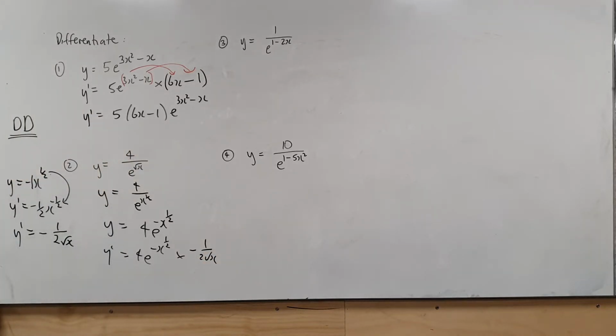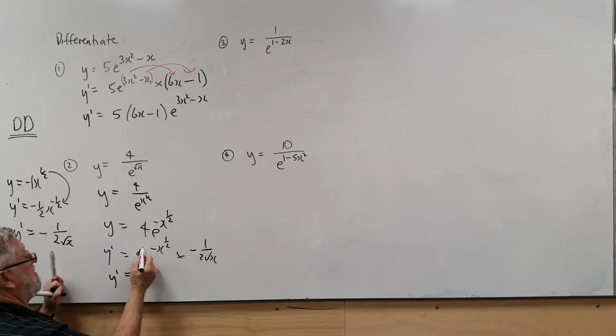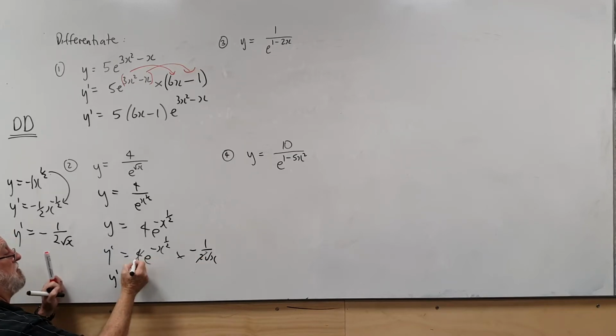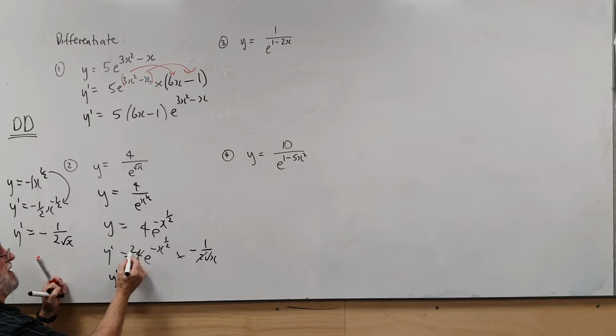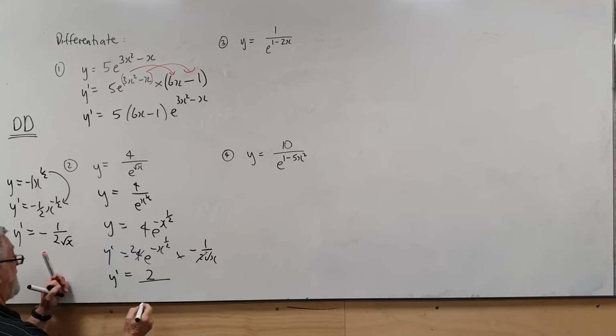I'm tempted to say I'll leave it as that. But my mathematical brain wants to go and do this. I'd cancel the 4 with the 2. Wait a minute, that's a numerator. The e goes to the denominator.